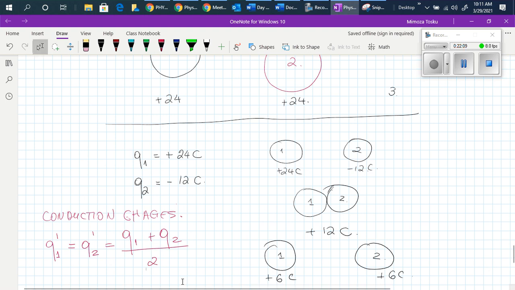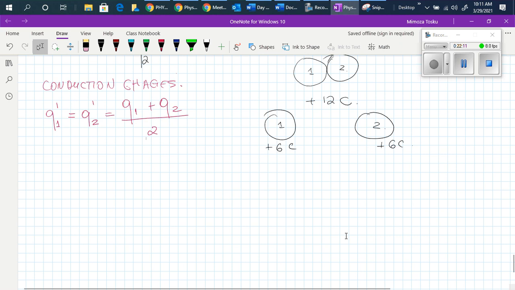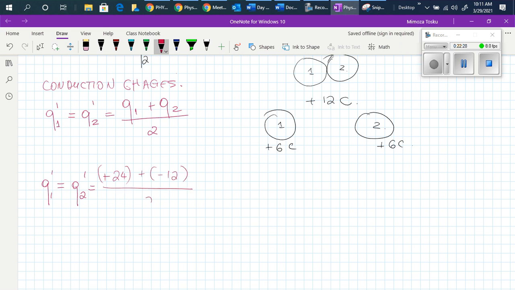So in our case, Q1 prime equals Q2 prime equals positive 24 plus negative 12, over 2, which equals positive 6 coulombs each. This is how we calculate it.